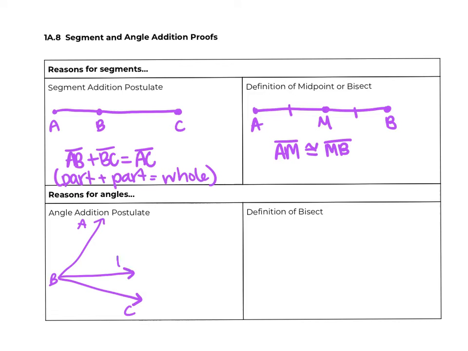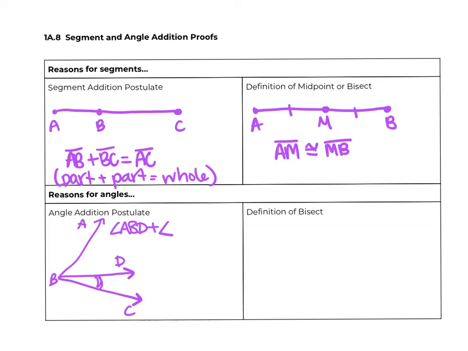So maybe I put D there. Okay, now I want to name these two parts, okay? What is this top angle? ABD. So I'm going to say angle ABD plus, because I'm doing angle addition, what is the bottom angle here?